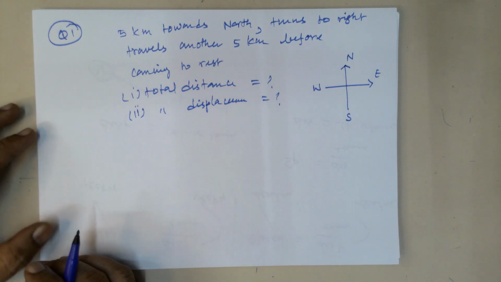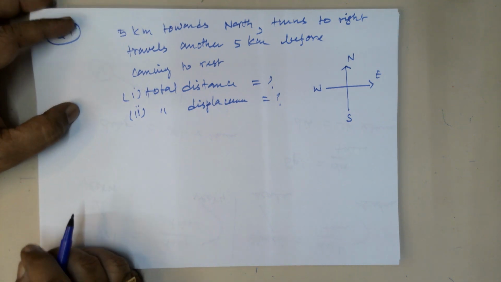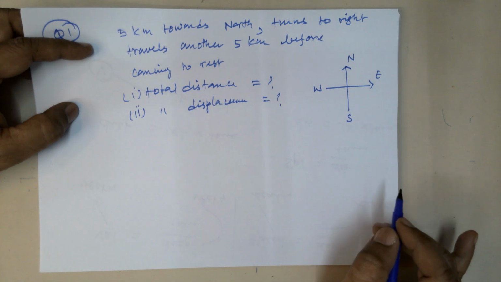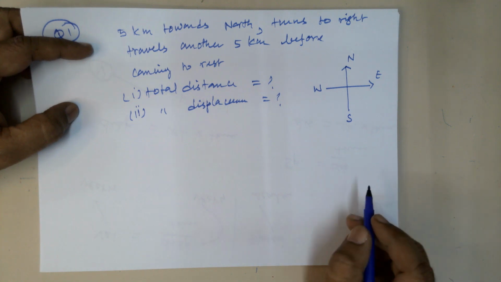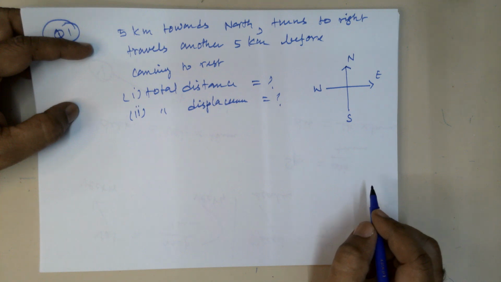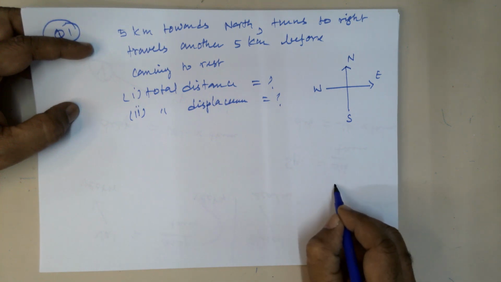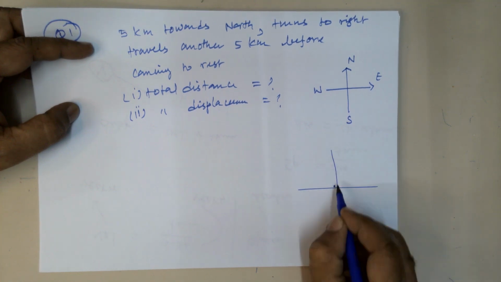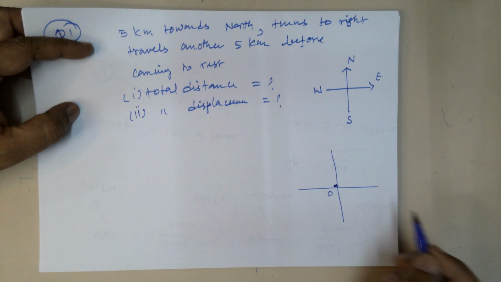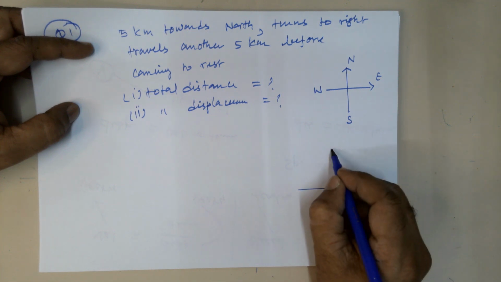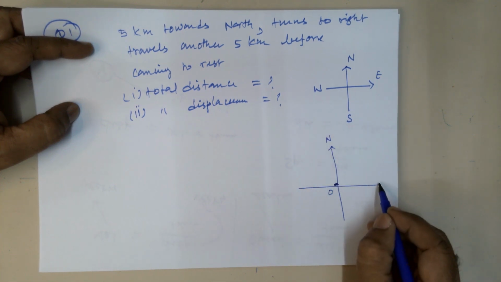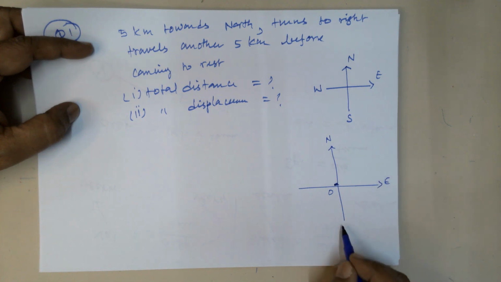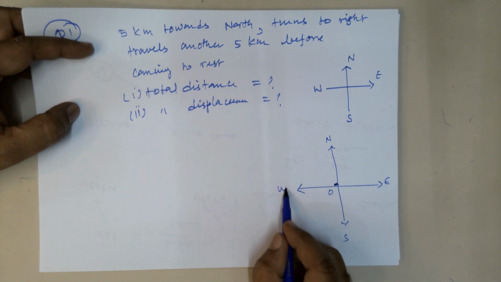Is it clear? Now, how is the boy traveling? He is traveling 5 kilometers towards north. So there is some origin position. Let us say this is the x-axis, this is origin O. And of course this is north, this is east, this is south, and this is west.